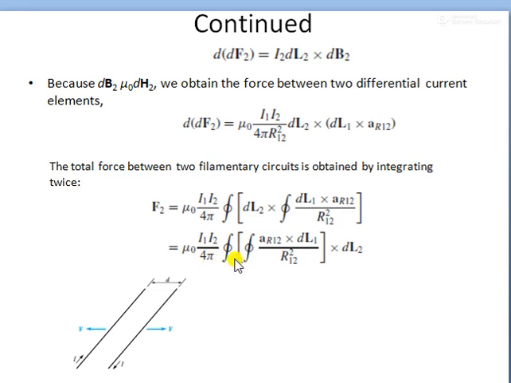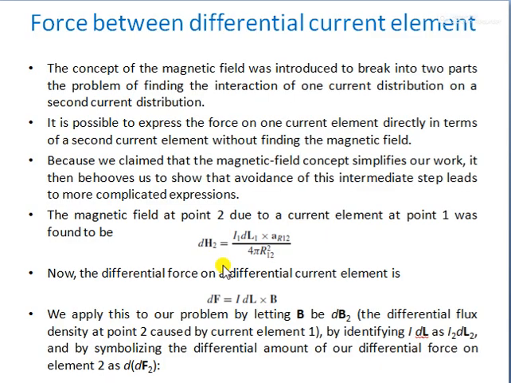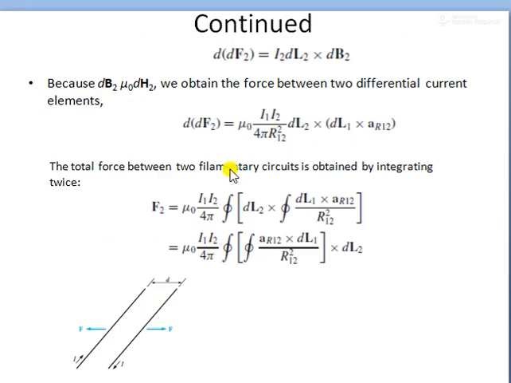We need to obtain dH2, and from this dH2 we use the formula for dF2 and obtain F2 and F1. So this is about the force between differential current elements.